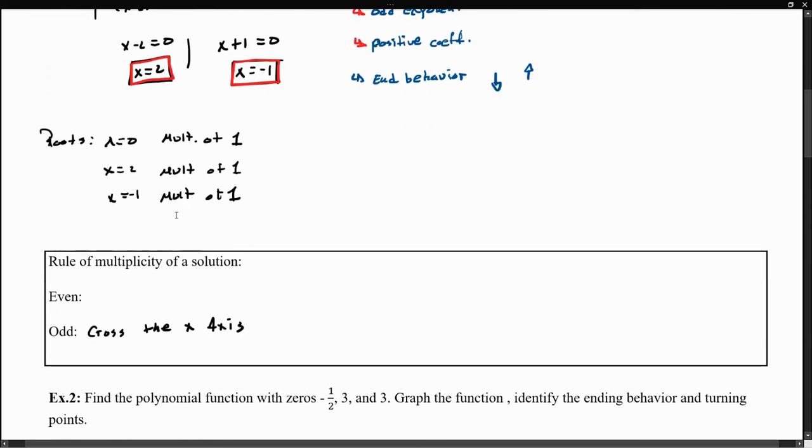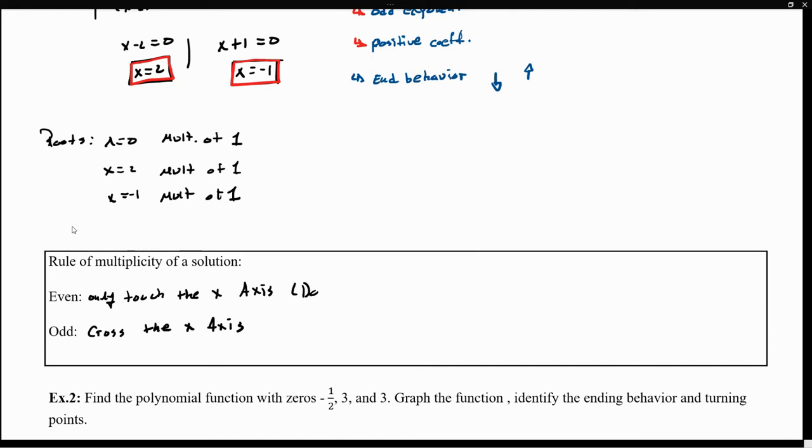Now, if my multiplicity had been an even number, and we're going to take a look at an example in a second, it will only touch the x-axis. It definitely does not cross the x-axis.